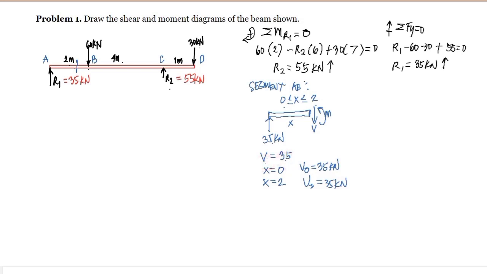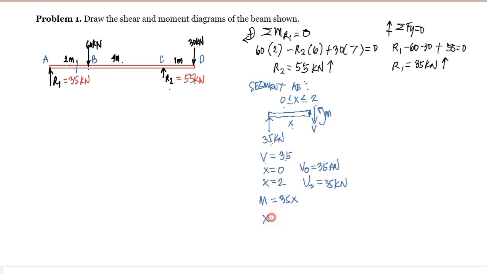Now for the moment, the moment is equal to 35 multiplied by x. Take note that in determining the equation for the moment, we are summating moment here at the section. So that's 35, it will rotate clockwise, so it's positive. So 35 multiplied by the distance x.